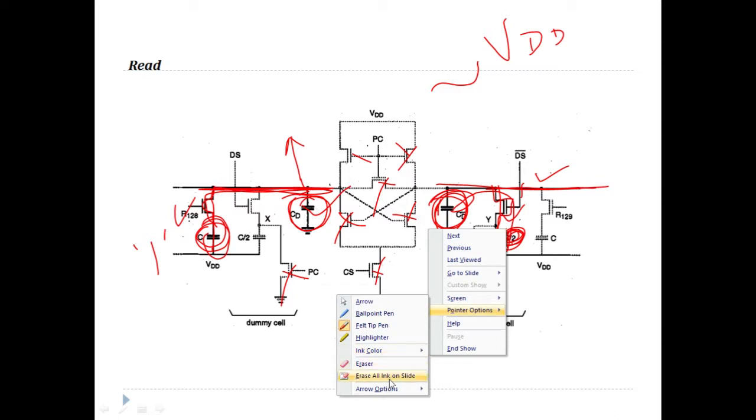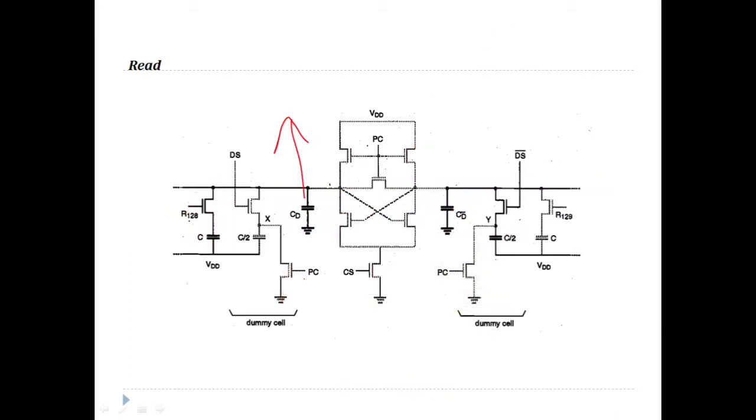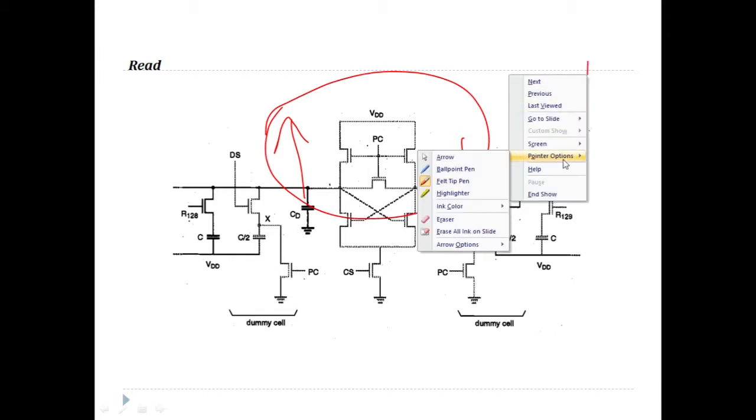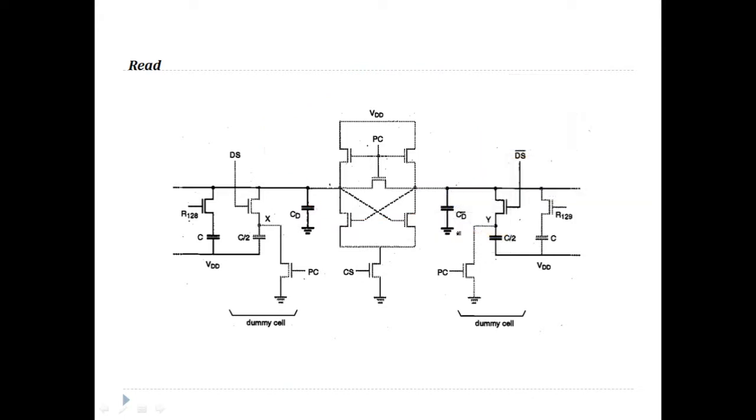Now here you can see voltage on this capacitor increases, and voltage on this capacitor decreases by a small value. Now read circuitry interprets this as logic 1. So this is how logic 1 can be read.